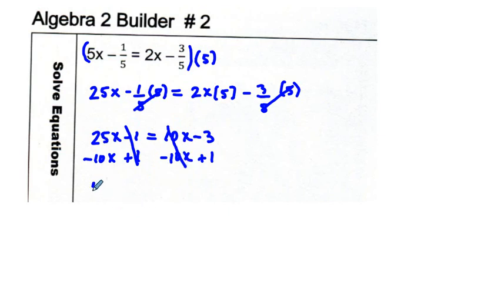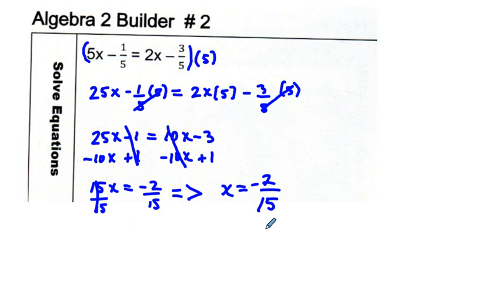And what we have left is 15x is equal to negative 3 plus 1, which is negative 2, and we divide by 15. We have x is equal to negative 2/15. So that is going to be our correct answer for this first one.